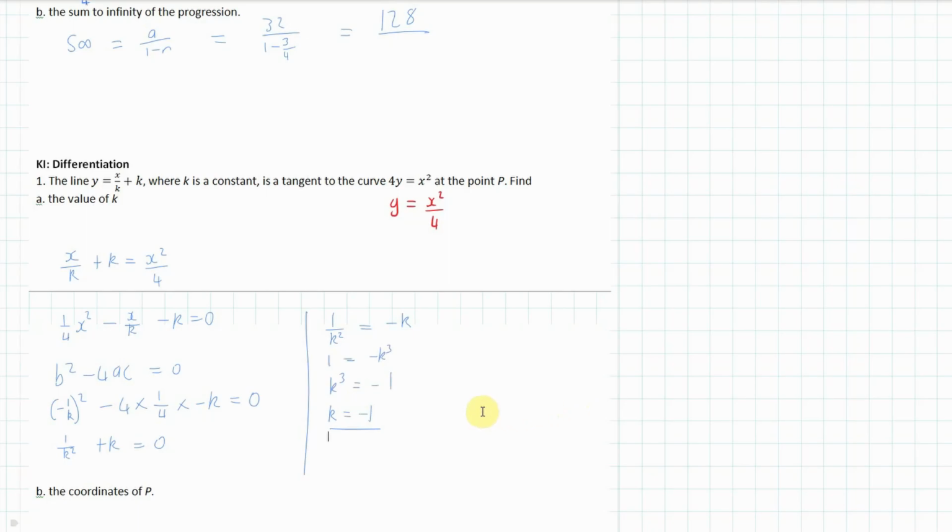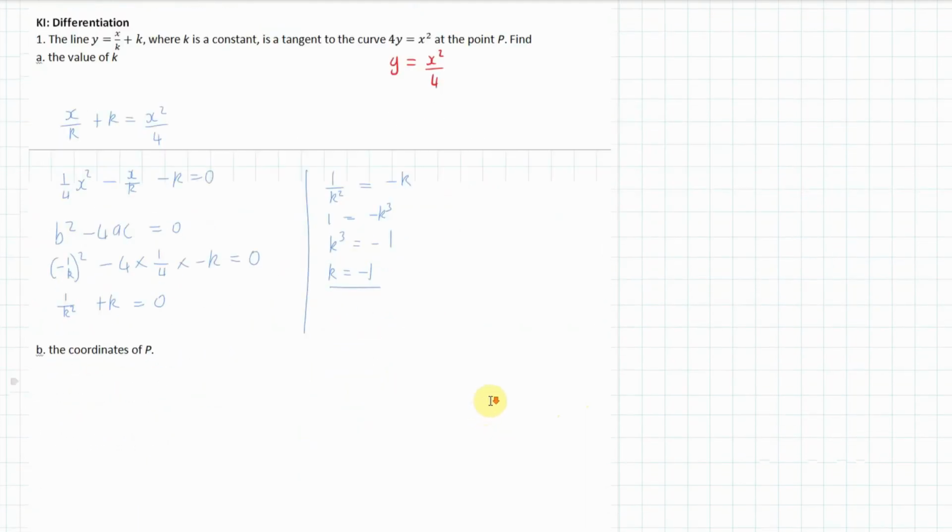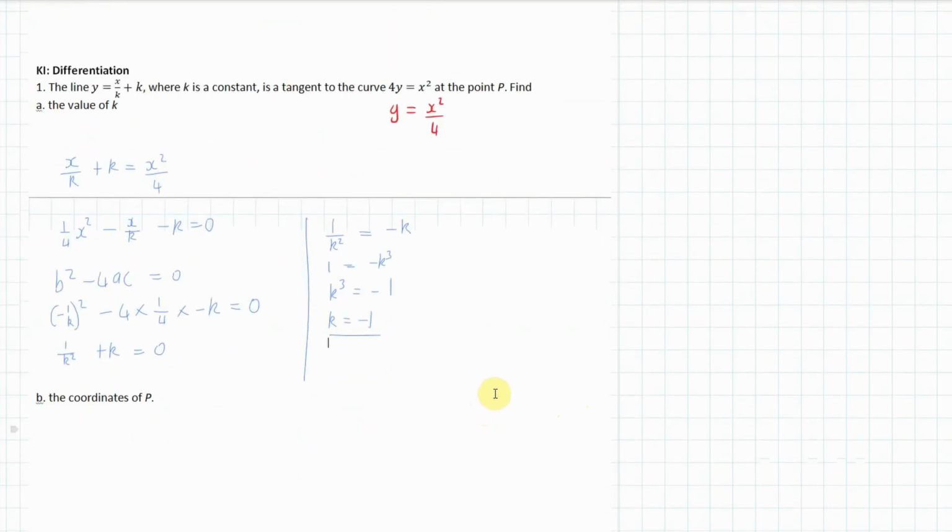Now the next one, I'm trying to find the coordinates of P where it is the tangent to the curve. So I'll take this here and I'll put in those values of k. So I'll have 1/4 x squared minus x over minus 1, so that's plus x, plus 1 equals 0.